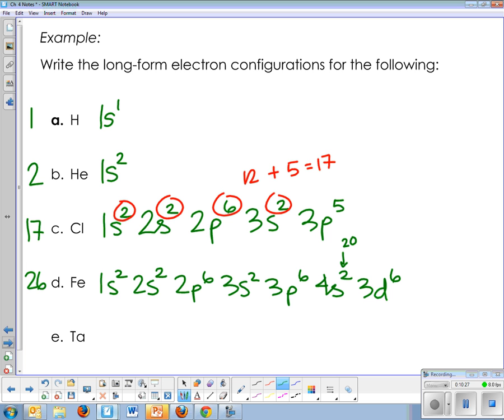Why don't you pause the video right now and try Ta. It is number 73.